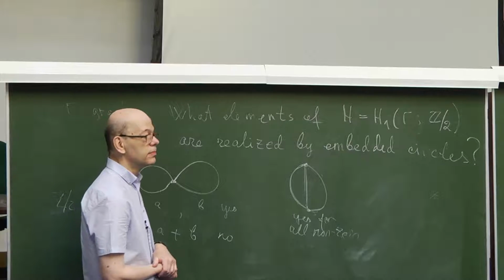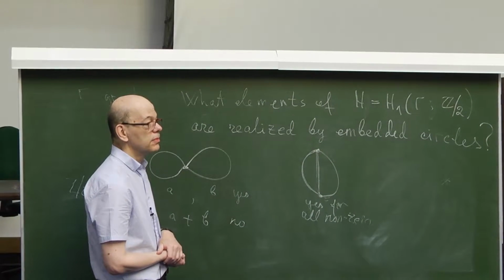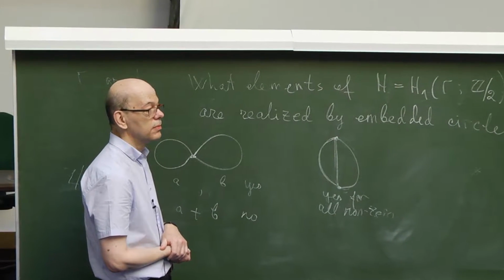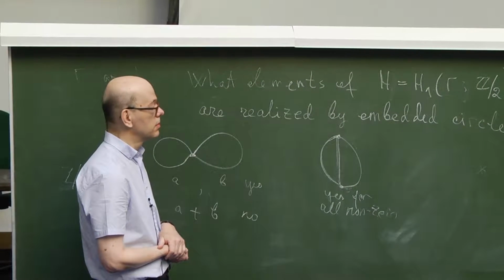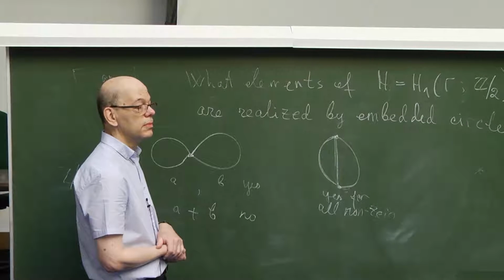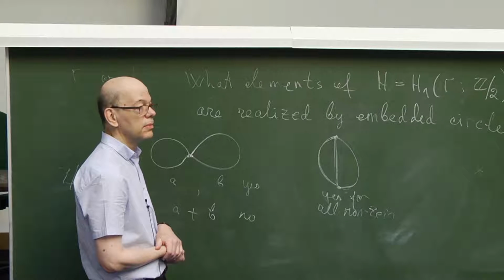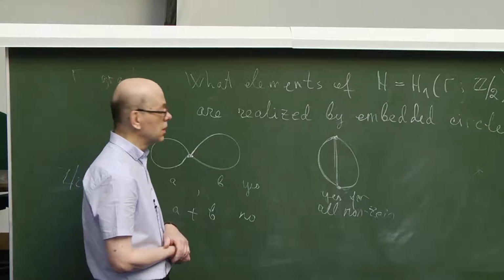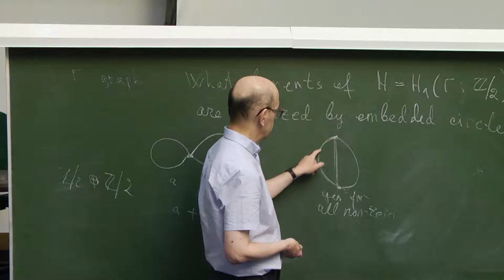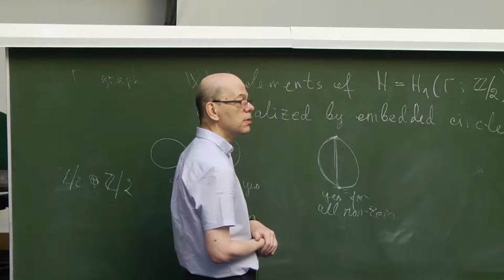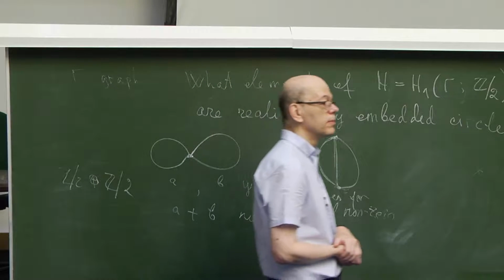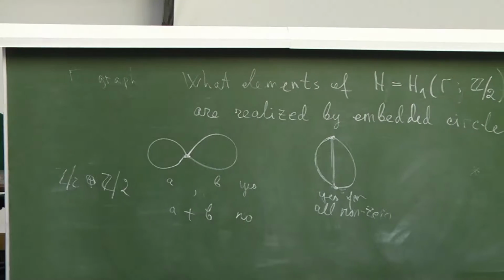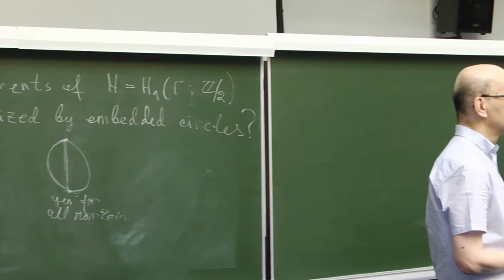Okay? But initially you said that we don't care about orientations, I can go from Z to Z2 coefficients. That's a bit cheating, isn't it? Because in that example, if you take, for example, this homology class, you're saying we don't care about orientations, I can just go from Z to Z2 coefficients. Yes. But that was cheating, wasn't it?